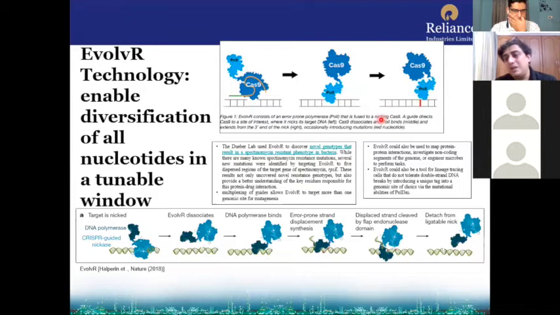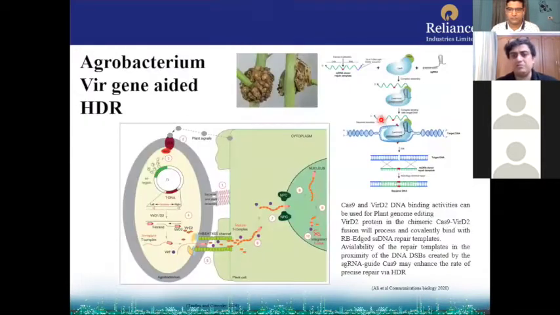Now you can use many gRNAs and target this whole system inside of the cell in many places of the genome. So your Cas9 will go and cut, Pol will rectify and bring different mutations. So you can generate a pool of mutants within a very short period of time for your research. So this is called EvolvR. So you can change in a tunable window, you can change randomly by point mutation, creating many point mutations.